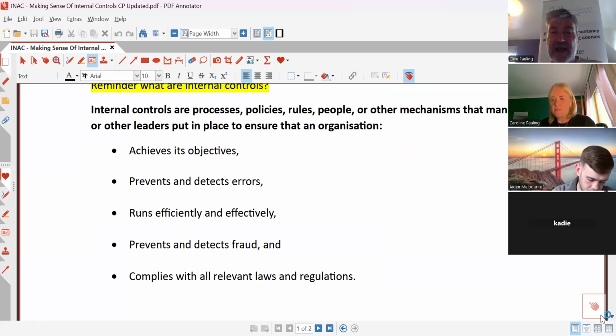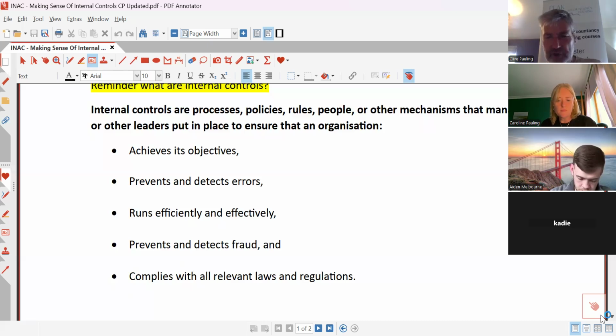We want to make sure that our operations run efficiently and effectively. Importantly, and this is quite a feature of INAC with AAT, we need to be able to prevent and detect fraud. And we also need to make sure that we comply with all relevant law and regulation as well.